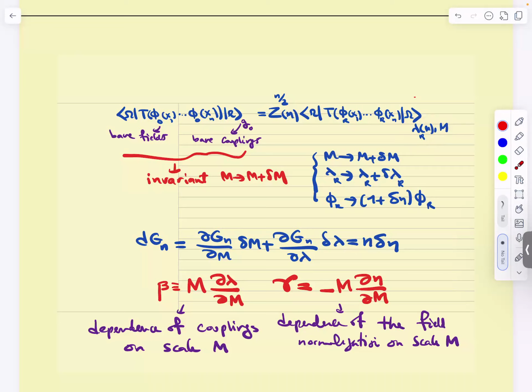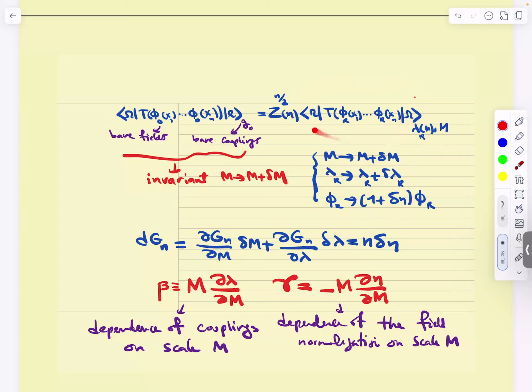All right. So of course this side doesn't see M, so if you change M, this side will not change, which means that the net change will be 0. Under a shift delta M, so M goes to M plus delta M, the renormalized couplings will change this way, and the wave function normalization will change this way.